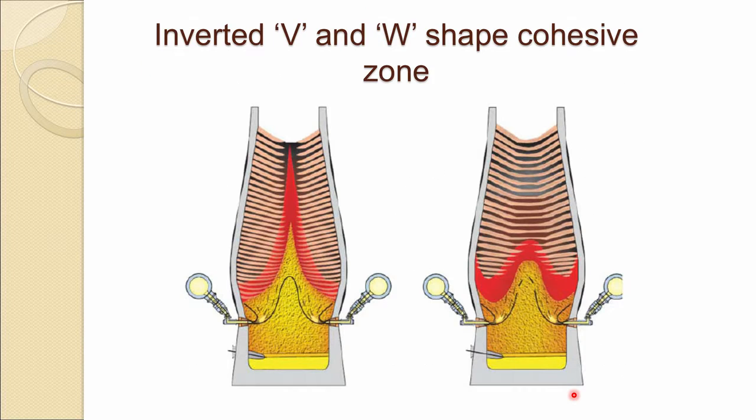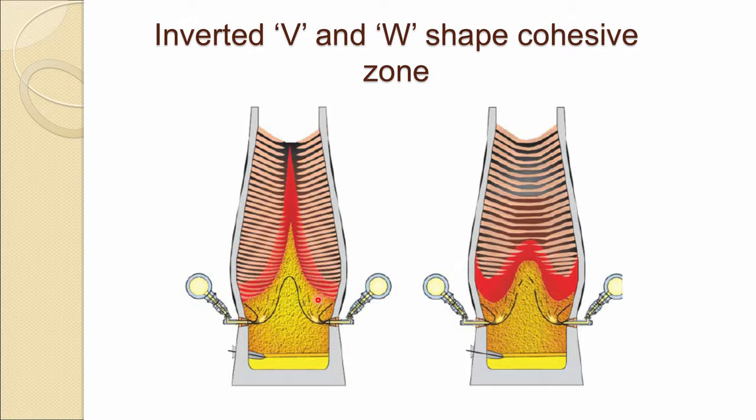So, essentially in this one, as I mentioned, most of the gases are going through the central region and are not reaching much toward the wall. So, wall side material is not properly reduced. While it is coming down, one will find that material near the wall is not properly reduced, and it extends till the tuyere zone.